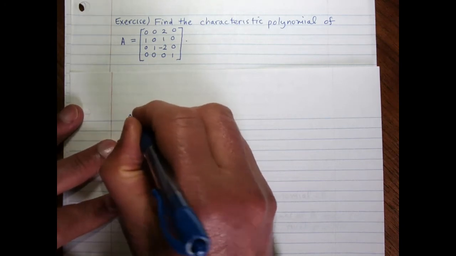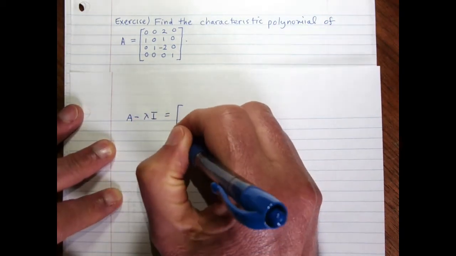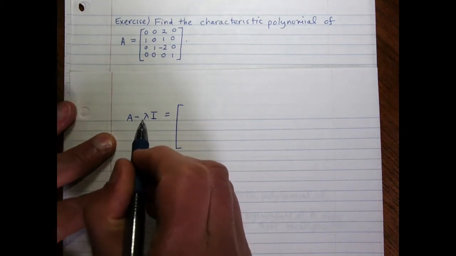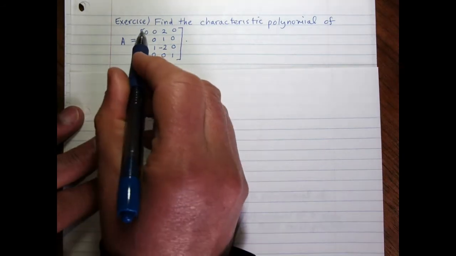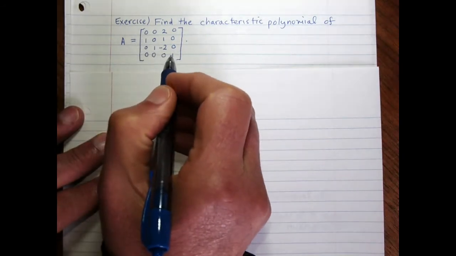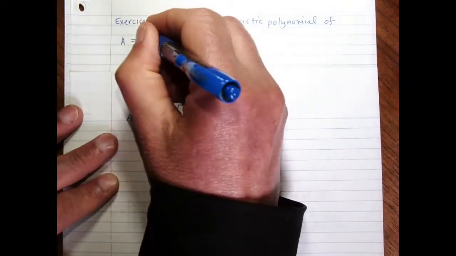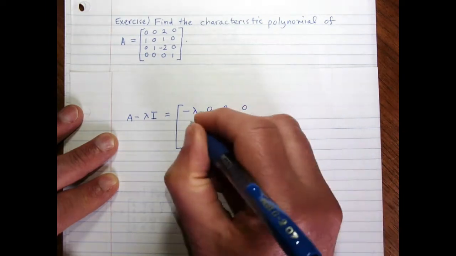So A minus lambda I is a matrix. We can just do it all in one step if we realize that this is going to change A by subtracting lambda down the main diagonal. So I'll get minus lambda, 0 minus lambda is minus lambda, 0, 2, 0, 1.